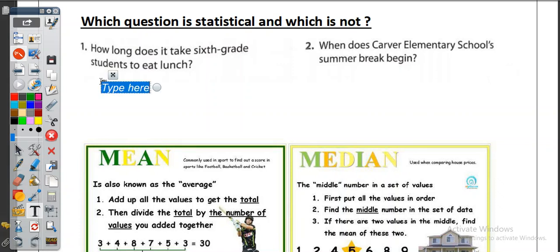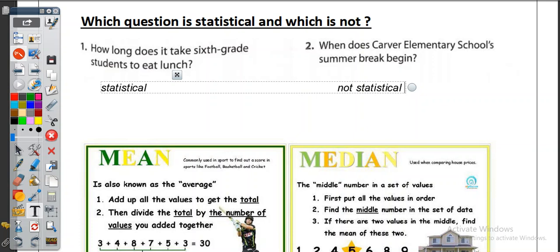Since then, we can call it also a statistical question. Okay, when does Carver Elementary School summer break begin? It has a specific answer, for example, the 1st of August. So it is not statistical.